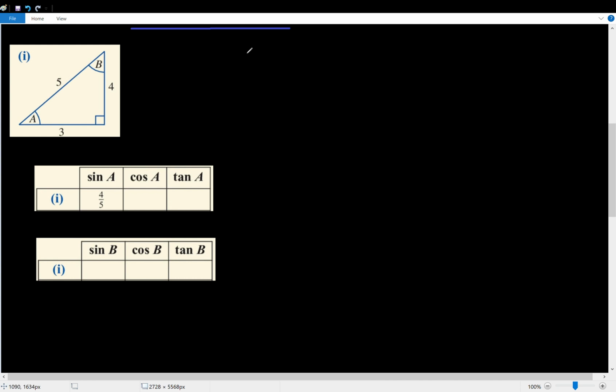For A, we're going to make this a bit easier on ourselves, and we're going to get the length of our hypotenuse, the length of the opposite, and the length of the adjacent side to A. So the hypotenuse is the line that is directly across the right angle, so that's going to be 5. The opposite is the line that is on the opposite side of the shape from A, which is going to be 4. And the adjacent is going to be the side that is adjacent to or beside A, which is just going to be the 3 down here.